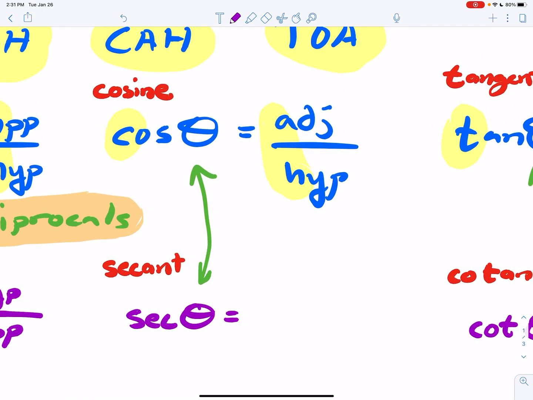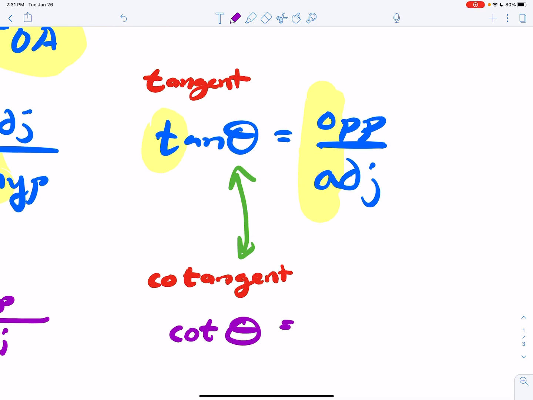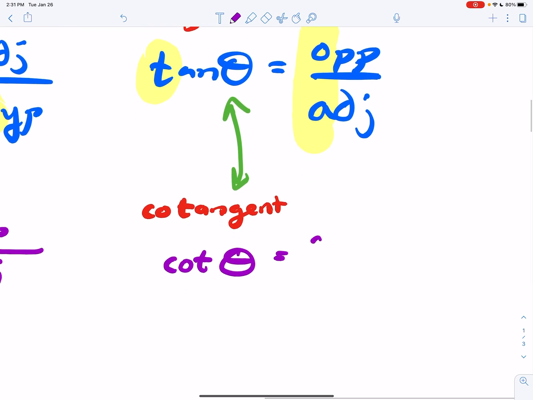If cosine is adjacent over hypotenuse and secant is the reciprocal of cosine, then secant should be hypotenuse over adjacent. Go ahead and do this last one here. Press play when you're ready. If tangent is opposite over adjacent and cotangent is the reciprocal of tangent, then cotangent should be adjacent over opposite.